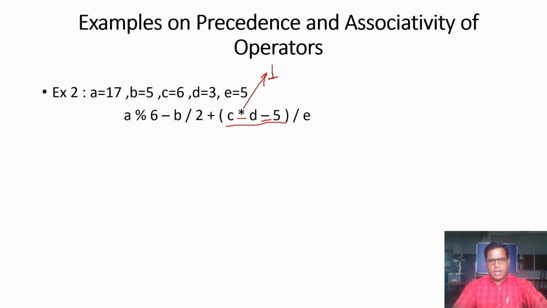First the compiler does C multiplied with D. No doubt the modulus, divide or plus signs have top priority as compared to minus, but as this minus sign is inside the bracket, the second operation performed is the minus operation.